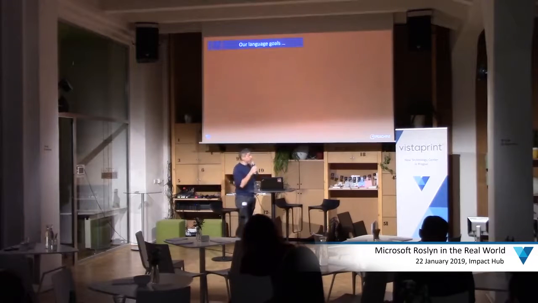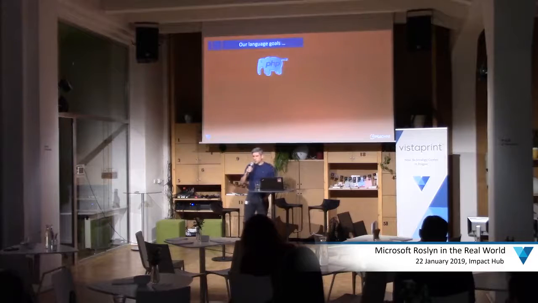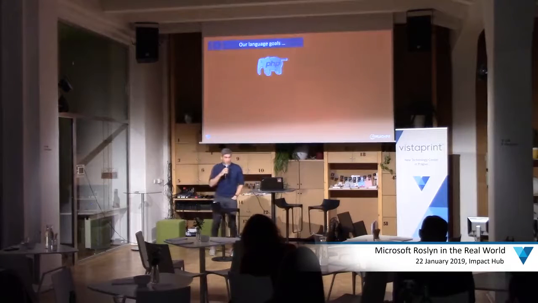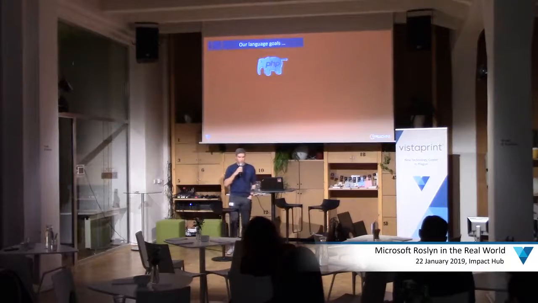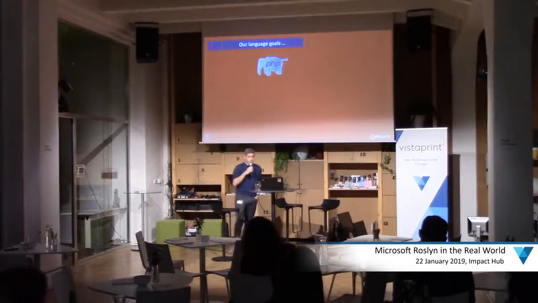So in our case, we picked the PeachPie language because PHP runs on more than 80% of websites on the internet. So that's a great add of changing it to something else.